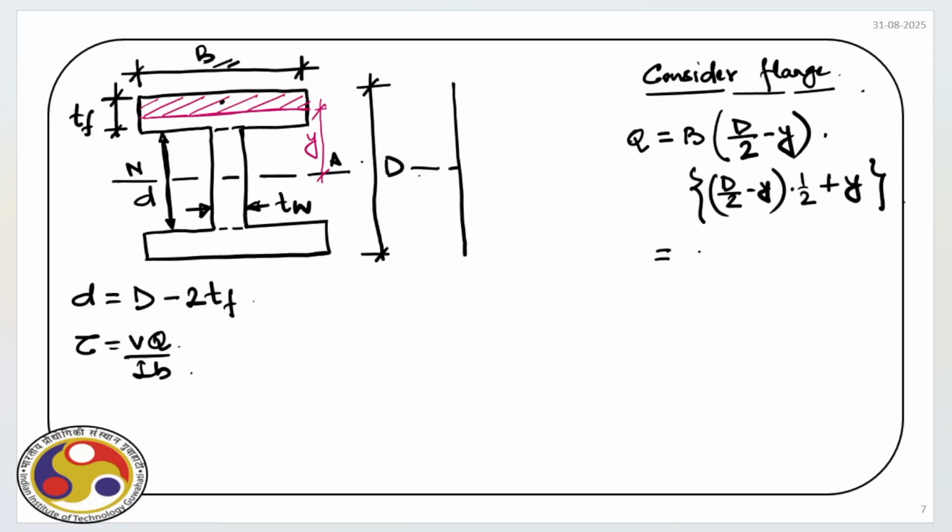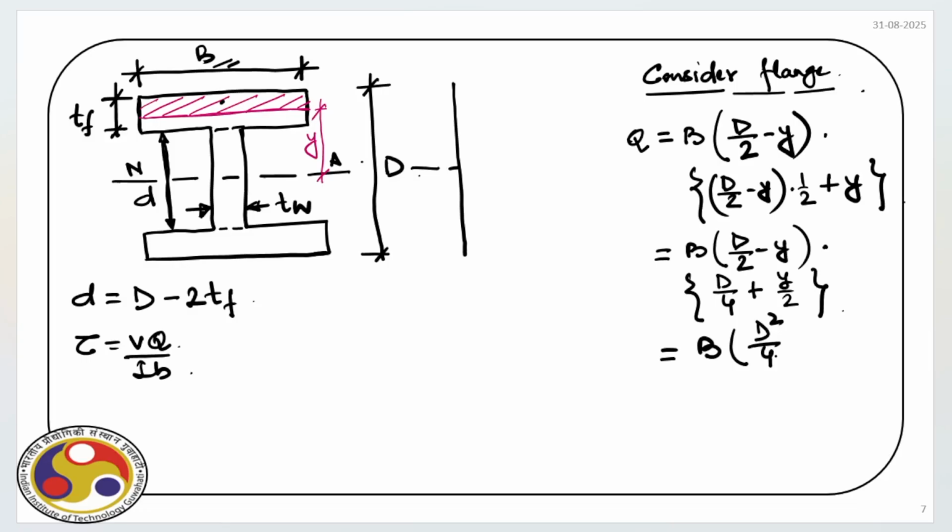So if you simplify this, we have B times D by 2 minus y times D by 4 minus y by 2 plus y, right? And then if we take half common, so we'll have D by 2 plus y, so we can write B times capital D square by 4 minus y square, and we'll have a half outside.